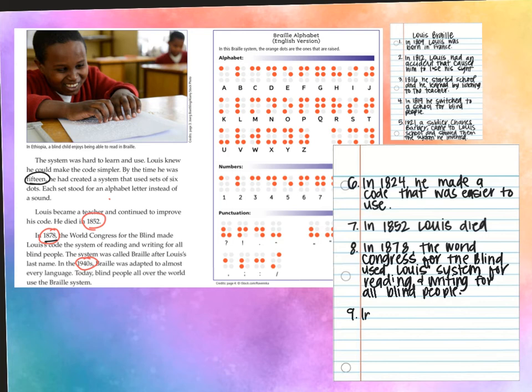So in the 1940s, Braille was, another word for adapted, we can say translated, into almost every language. Okay, and then there's our last event.